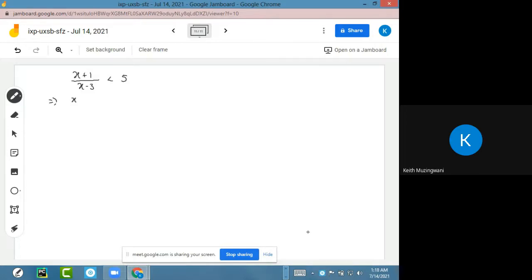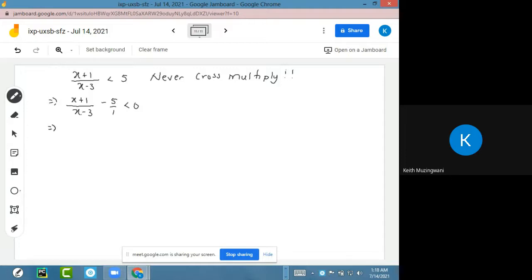This is the same as x plus 1 over x minus 3 minus 5 over 1 less than 0. I emphasize, never cross multiply. We don't do that.